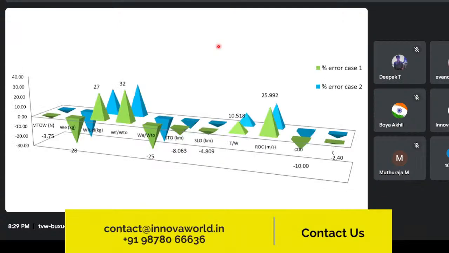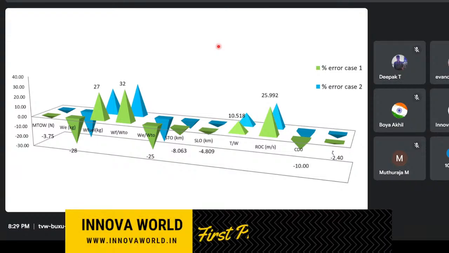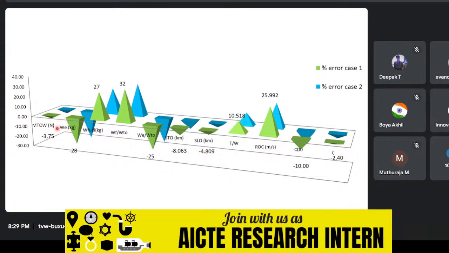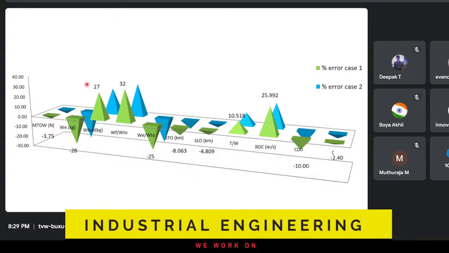This is another way to represent your parametric work. As you can see, this one is negative, this one is positive, and these are the different parameters that have been listed, showing which parameter is decreasing and which is increasing.